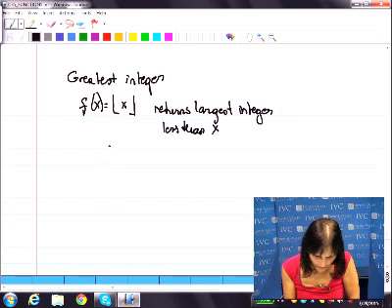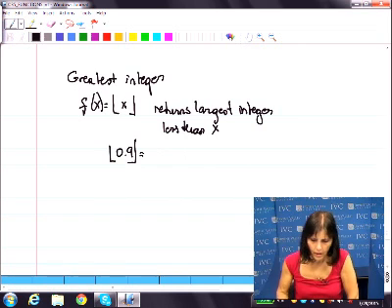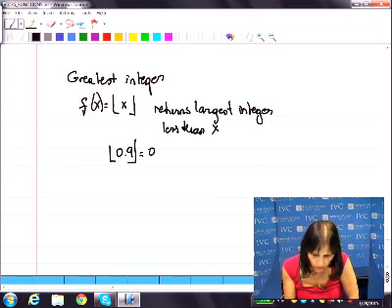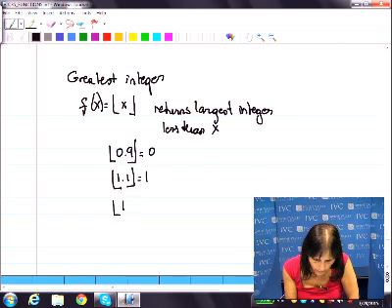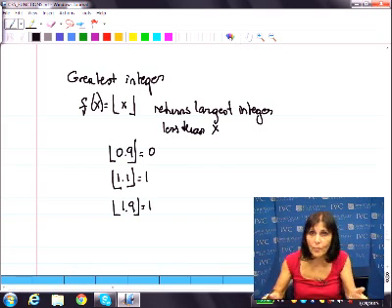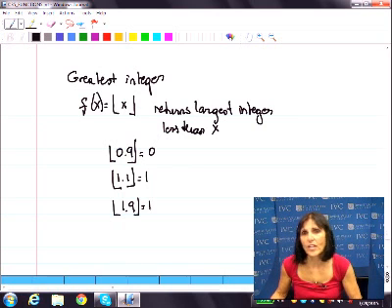What's that mean? What is 0.9? Returns the largest integer less than that. What is that? 0.9? That's 0. Okay? How about 1.1? Less than that number. So that's going to be 1. How about 1.9? That's also 1. It doesn't go to 2 because less than that number. Okay, so think of greatest integer as a rounding down function.